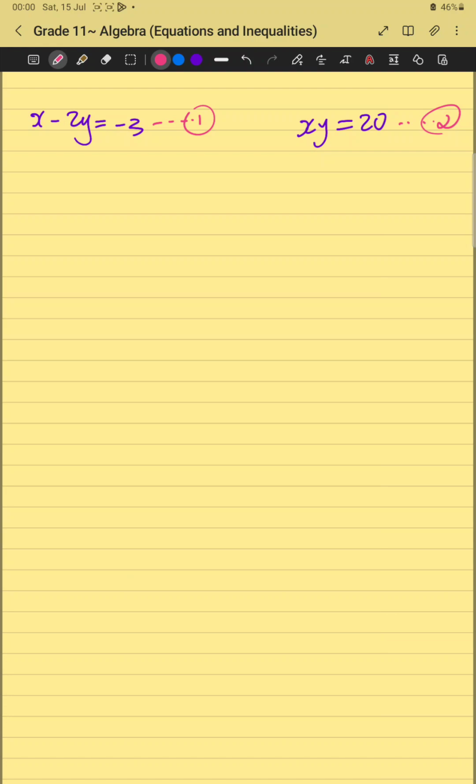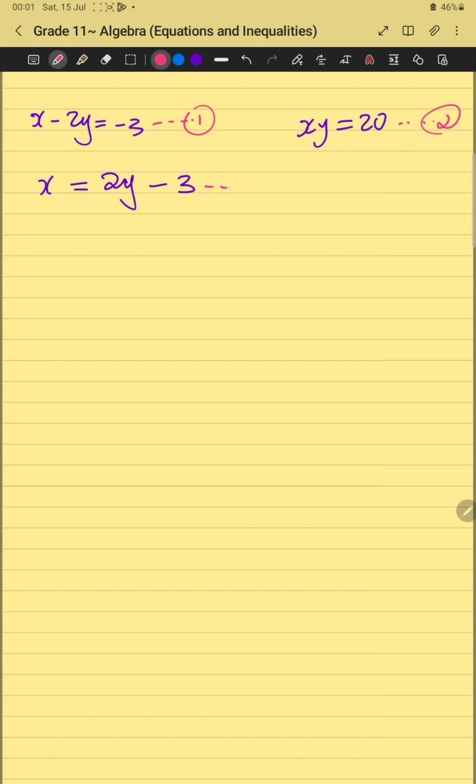So allow me to take the first one. I'm going to say x is equal to 2y minus 3. Remember that 2y on the left hand side was negative, and when you transpose, you change the sign, but 3 was already on the right hand side, so nothing will change.